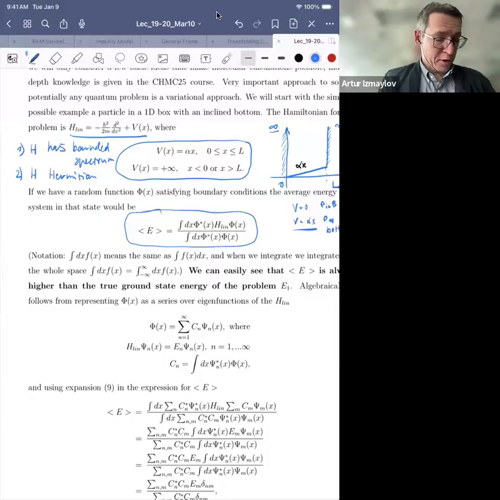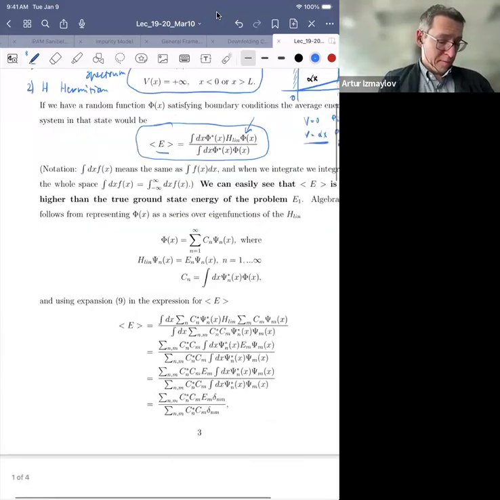If we take some function which we don't know yet, a trial function, and put it in the expression written, then that's the expectation value of the energy of the Hamiltonian. Now, the variational theorem says that with a Hamiltonian that is Hermitian and bounded, this energy is always above the ground state energy, the lowest energy.